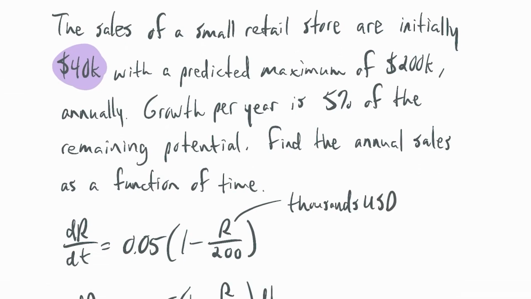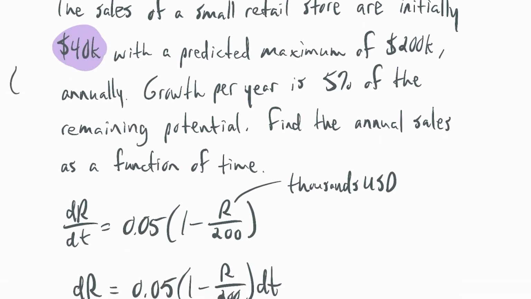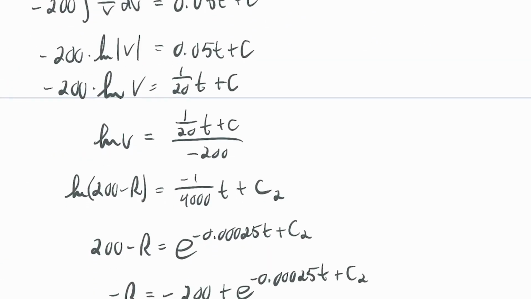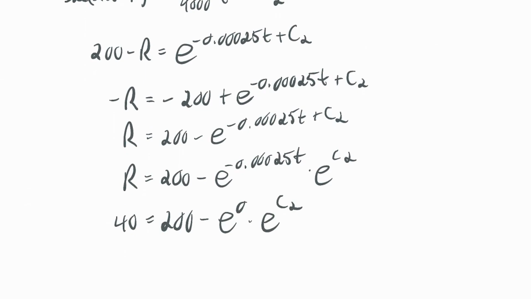The R variable is in thousands already. So 40 is the R value when t is 0, so 0, 40 is my initial value. Down here, R is 40 when t is 0.